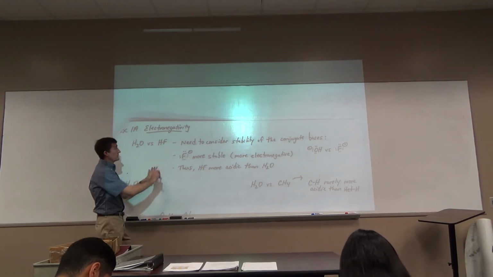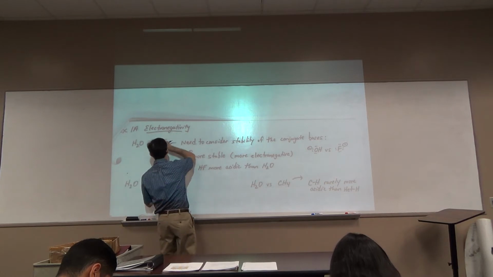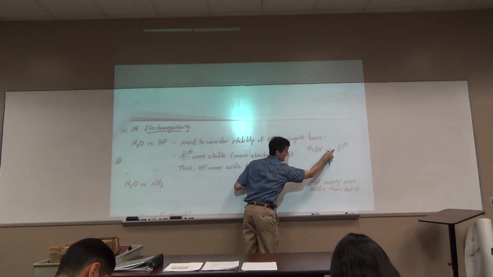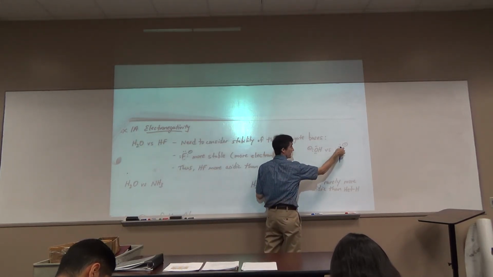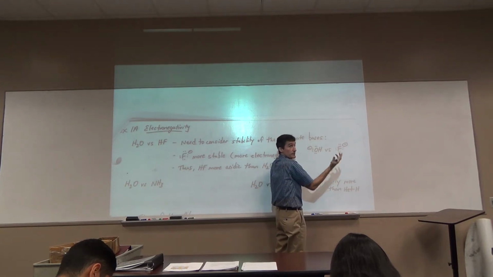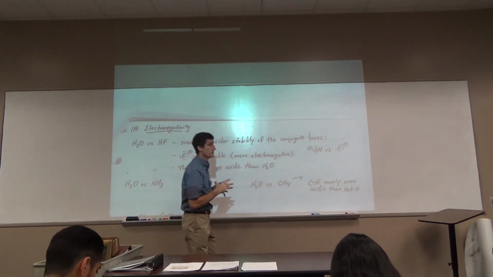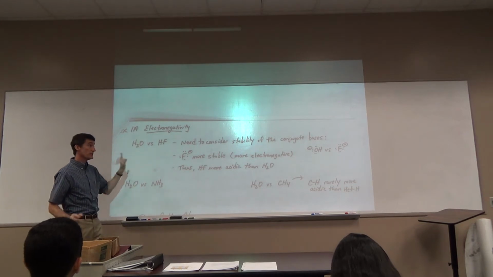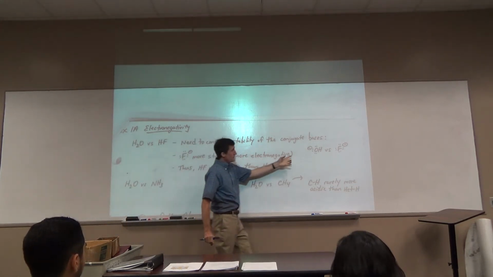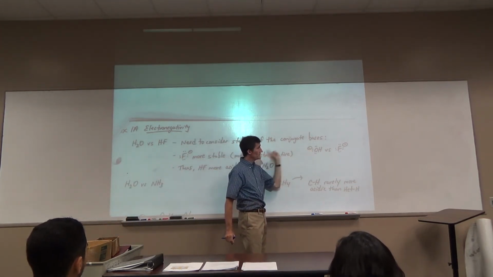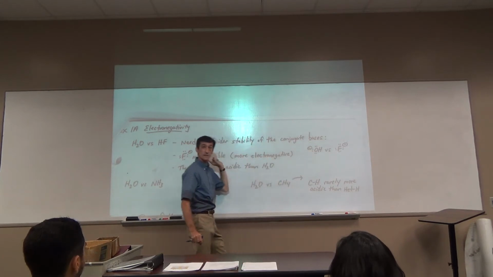Why? Because we're saying which one's going to give up the proton more. HF, because F minus is saying, hey, I want to be formed. I like being formed. The oxygen is like, hold on. Don't like being at minus as much. So it's not as eager to come over here. It's not as eager to act as an acid.